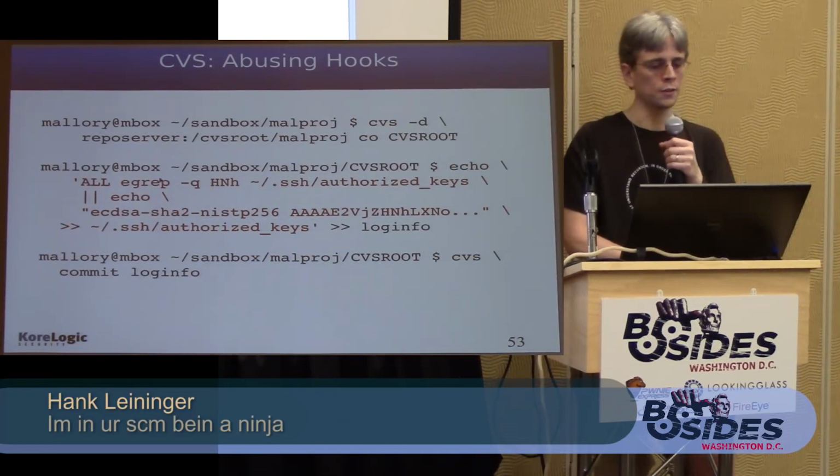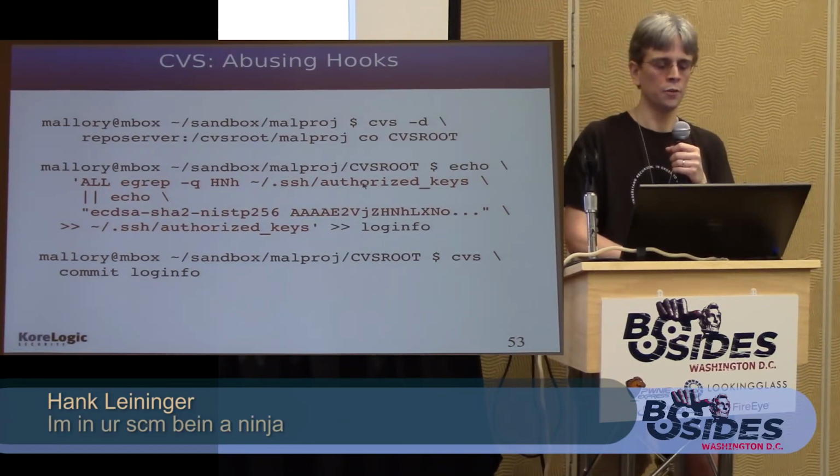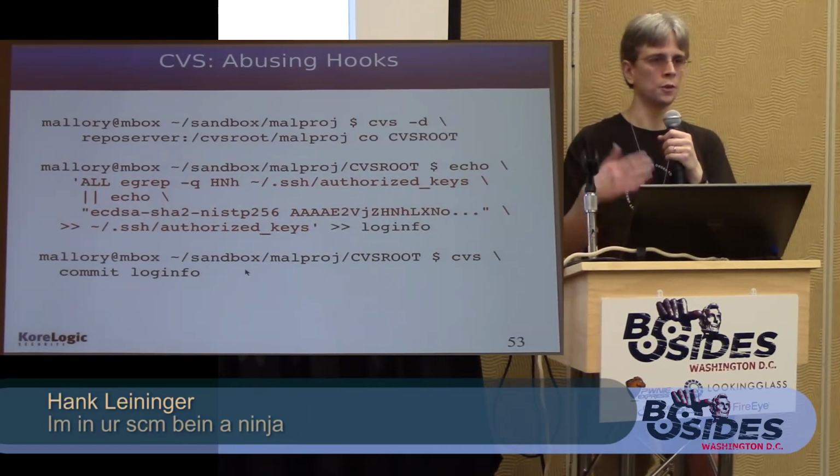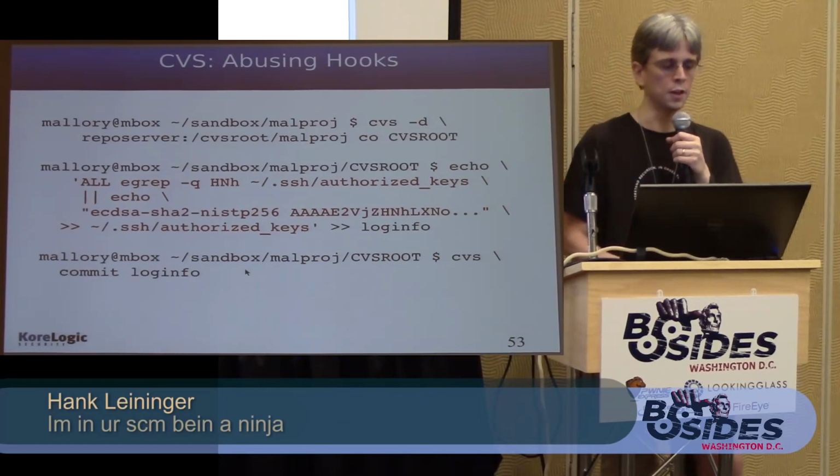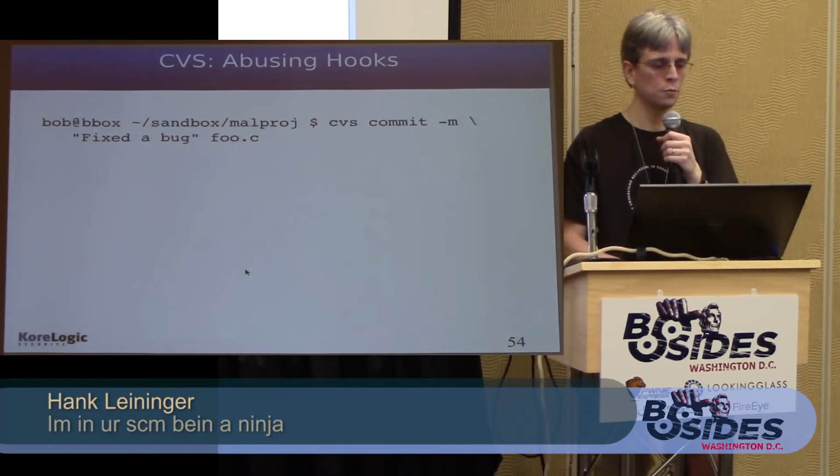So she puts in a hook that says, anytime anything is committed to this repo, look in the authorized keys file for this public key, and if it's not there, echo it, add it to the authorized keys file. And then she commits that log info change so that the hook is now active in Mallory's repository.